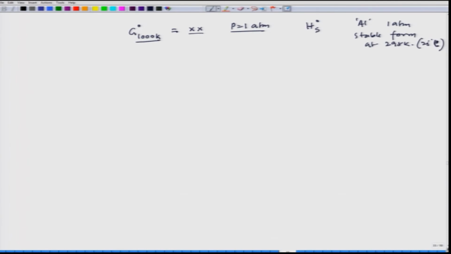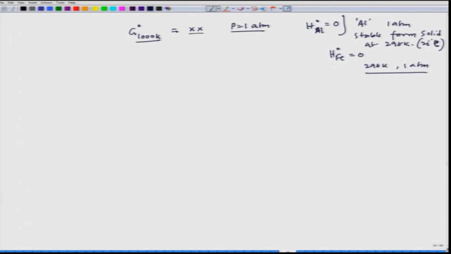So, at that temperature the stable form of aluminum is solid, and then H of aluminum is considered to be 0. For example, iron, H0 of iron equal to 0 when we consider 298 Kelvin and 1 atmosphere pressure. So, these are some fixed values which we generally assign to the enthalpy.